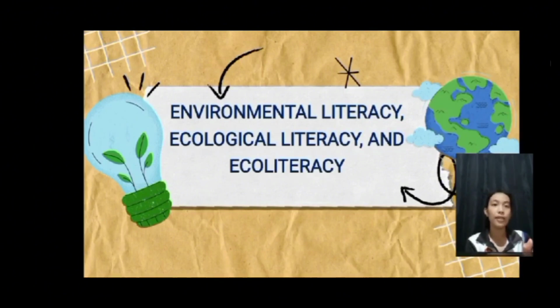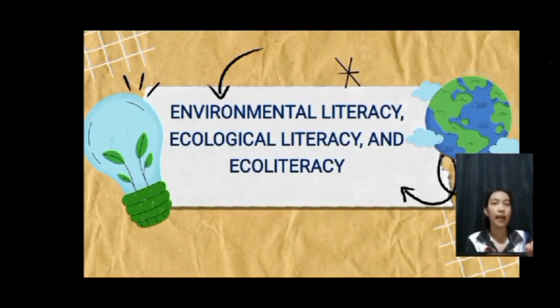When we say ecoliteracy, it extends beyond knowledge, emphasizing a deep understanding of ecological systems and the interconnectedness of living things. It goes beyond environmental issues and encompasses a holistic view of ecosystems, fostering a sense of responsibility toward nature.